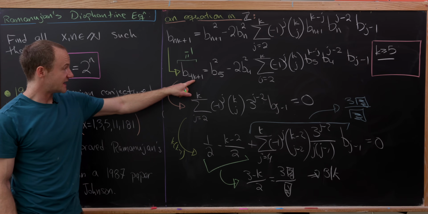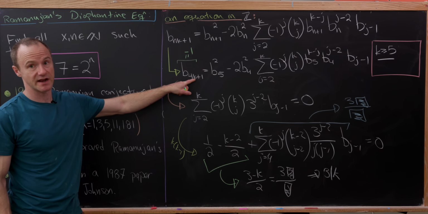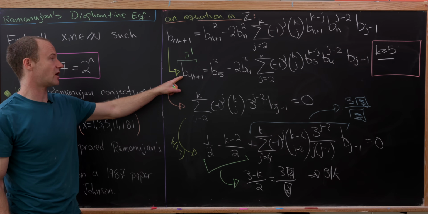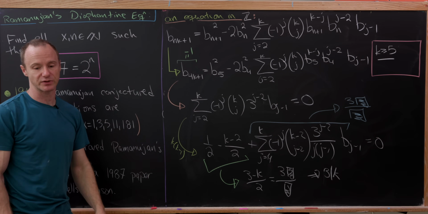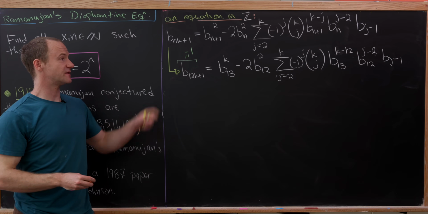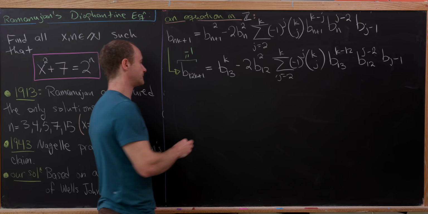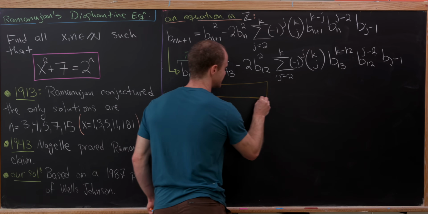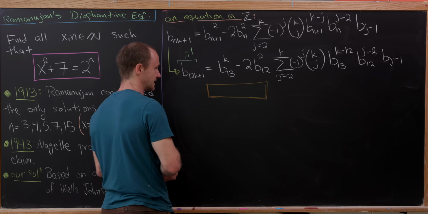But then if 3 divides k, we can replace the k right here with a 3k and have this new expression involving b sub 12k plus 1. So let's get that expression on the board. So after that replacement, this is our new equation. And now we have some other specific values of the b sequence built into this.